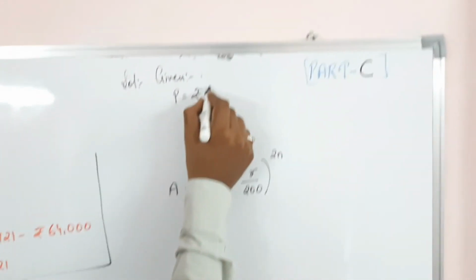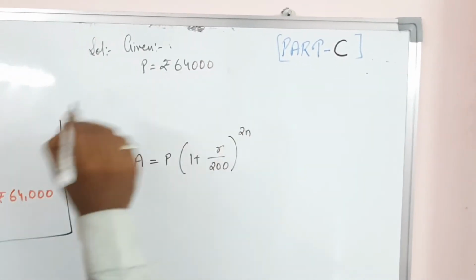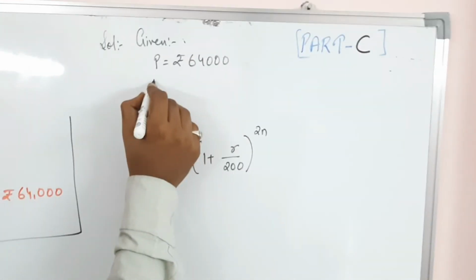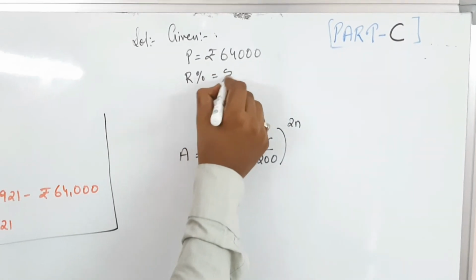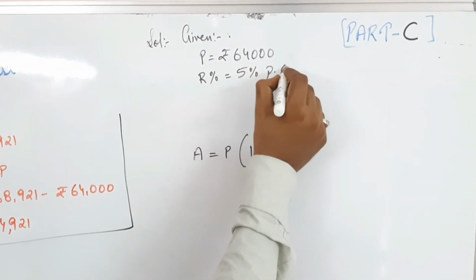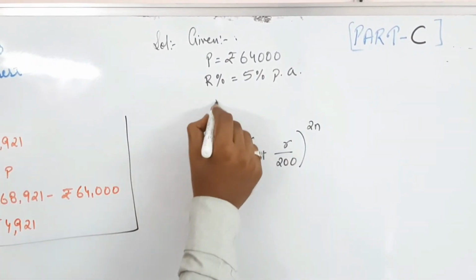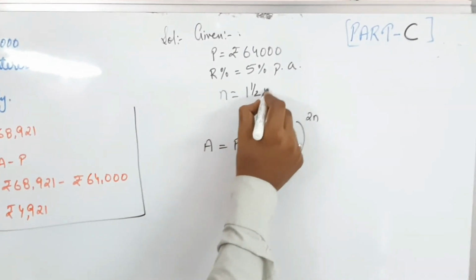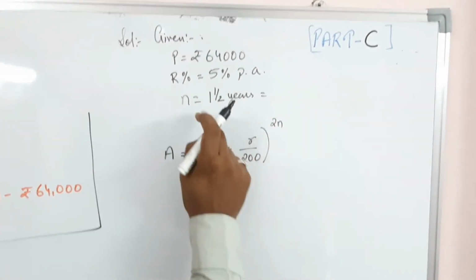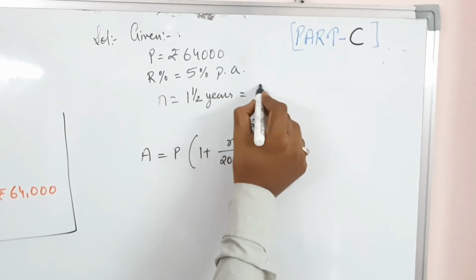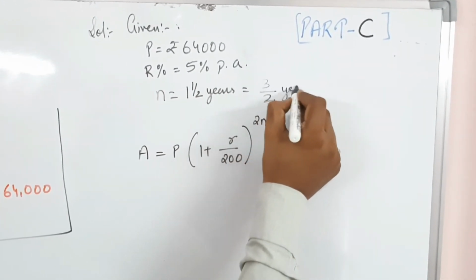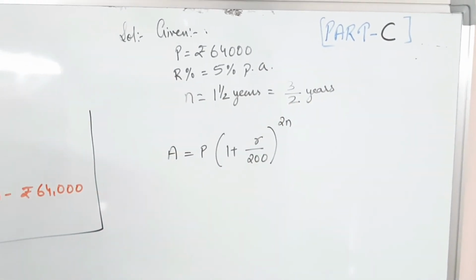How much is the principal? 64,000. How much is the rate percentage? 5% per annum. And n is equal to 1.5 years, which is 3 by 2 years.